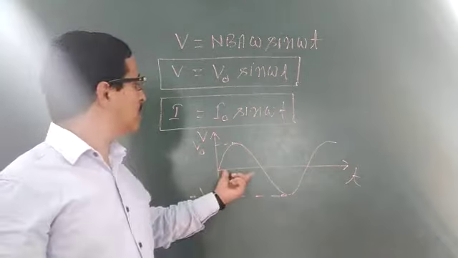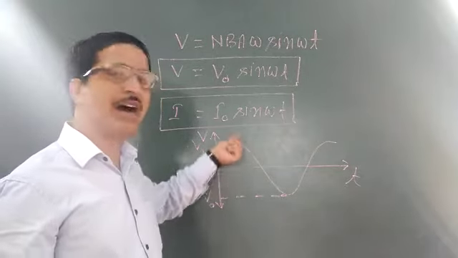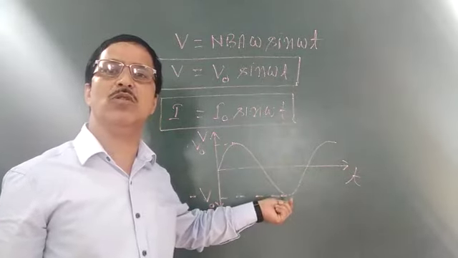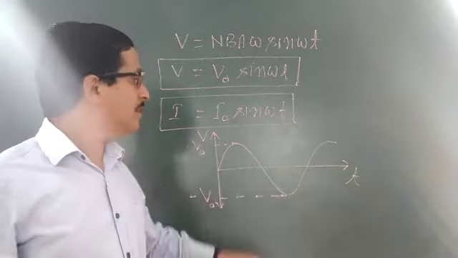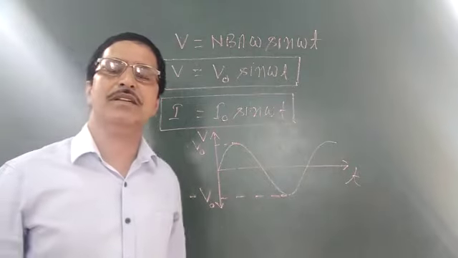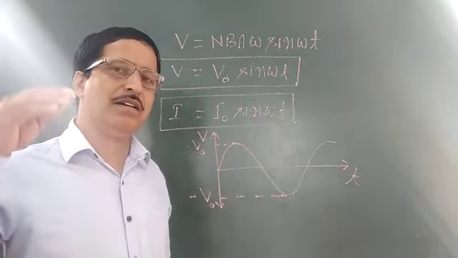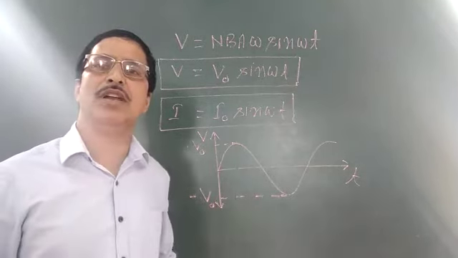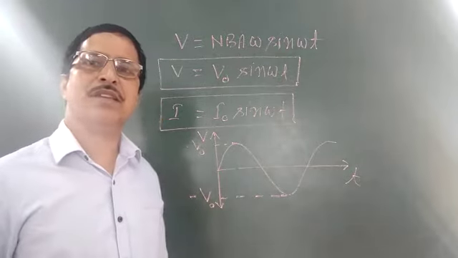It is so because there are positive values of the voltage on the upper half and there are equal negative values of the voltage on the lower half. So for one cycle, the total voltage when added will be 0, and obviously the average value of the voltage or the current for a complete cycle will be 0.